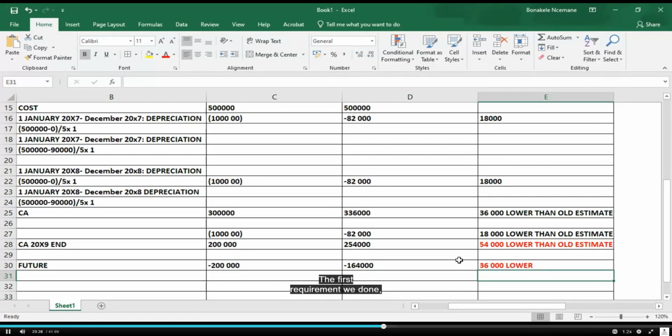So the first requirement we've done: we've calculated the effect of the transaction. The second requirement says show the journal entries, assuming that the depreciation has not been journalized.